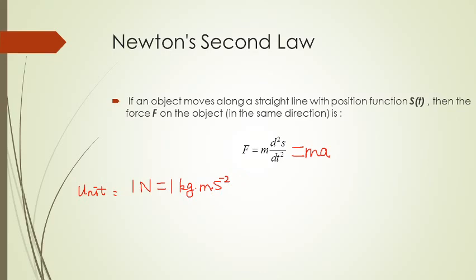That is the unit for the force, and we call it Newton. And we understand the force equals ma. If we know the position function, we can take the second derivative to work out the acceleration, right? This is pretty easy in physics.